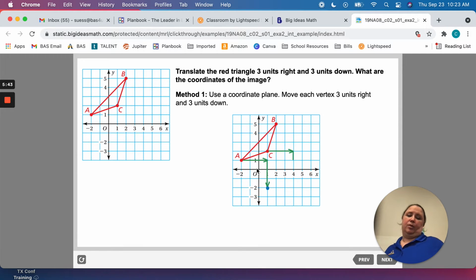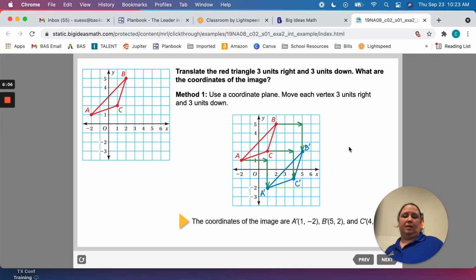Oh, okay, they started with A, sorry. So they grabbed A and they went 3 to the right and 3 units down. And they did C, 3 to the right, 3 units down. B, 3 units to the right, 3 units down. Now I have the 3 vertices of my triangle. Now you just connect them and you have the exact same shape. So that's the new triangle, the new image.